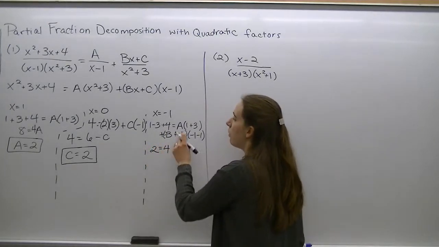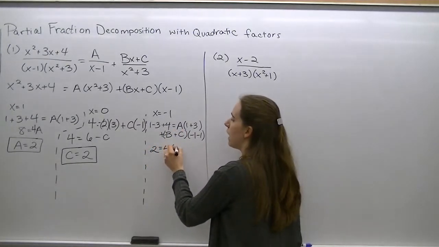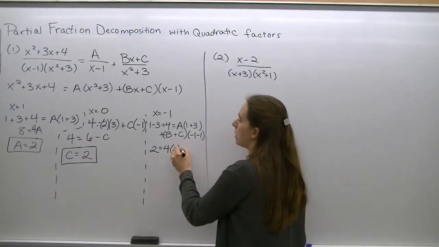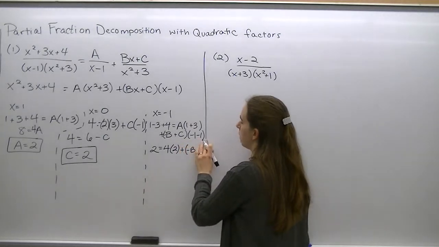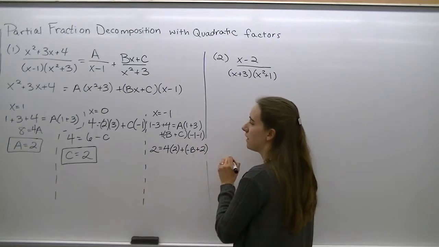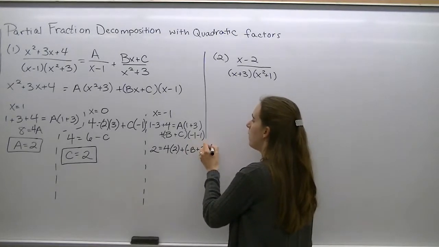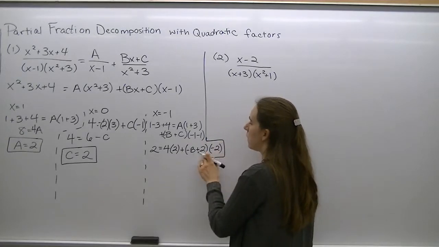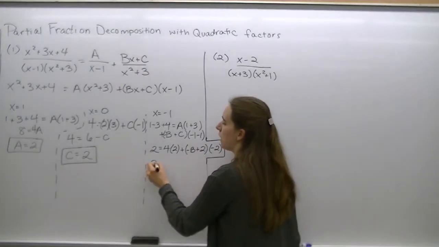And then I have 4 times a, but I know that a is 2, so I'm going to go ahead and put that in. Then I have plus minus b plus c, but I know what c is, 2. And then I have negative 1, minus 1, so minus 2. This minus 2 needs to be distributed.